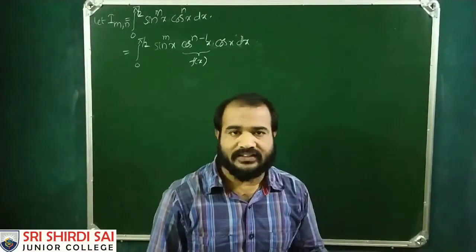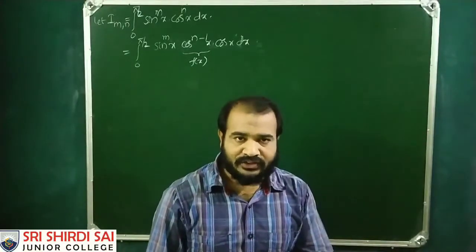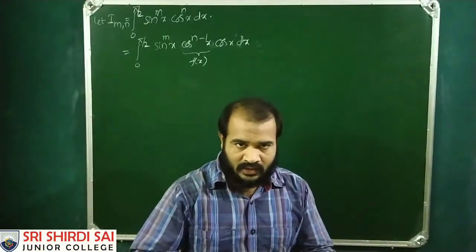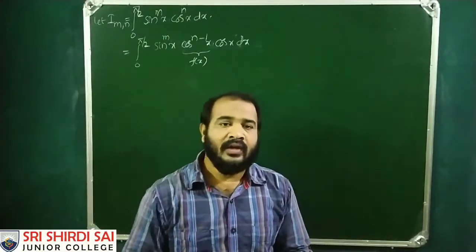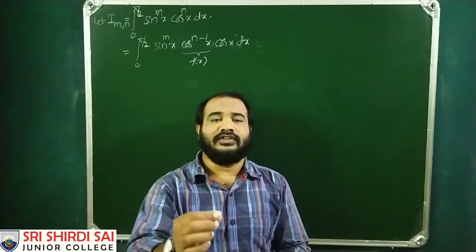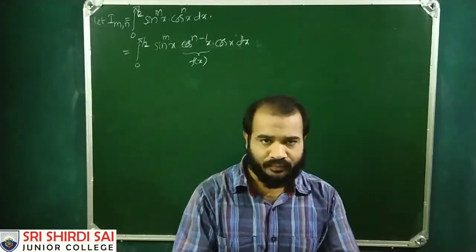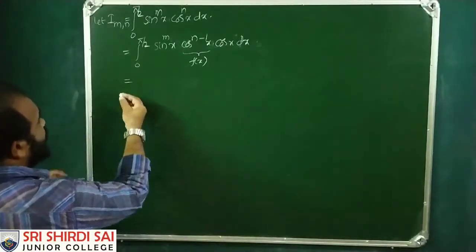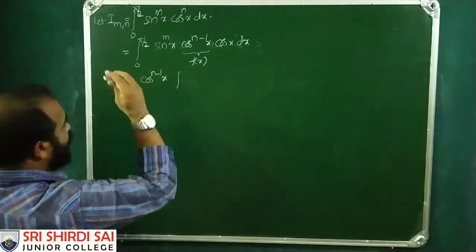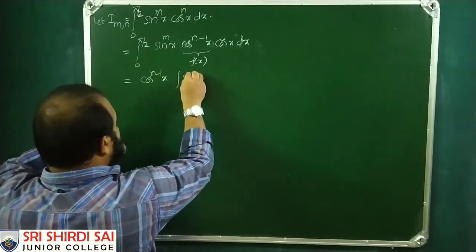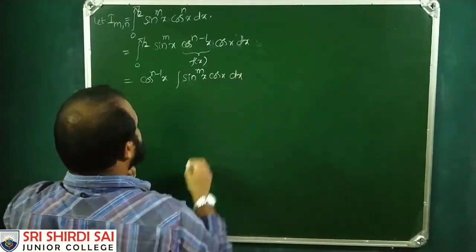Integral of f of x into g of x dx is the first function into the integral of the second function dx, from a to b, minus integral from a to b of d by dx of the first function into the integral of the second function dx, whole dx. This is how we will do it. The first function is cos power n minus 1 x, and the second is sin power mx into cos x dx.